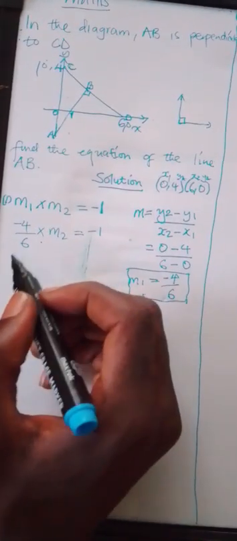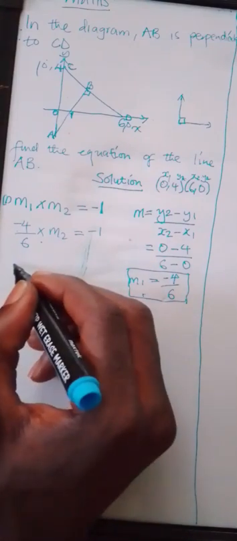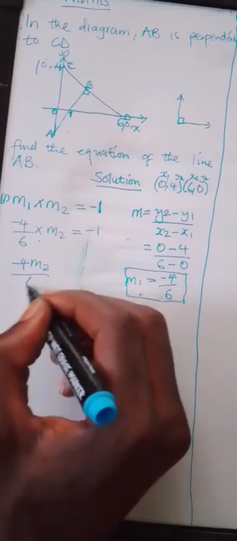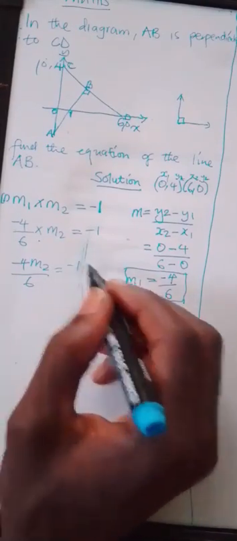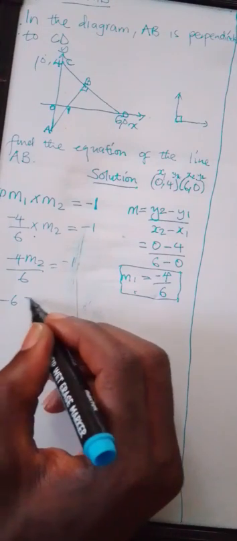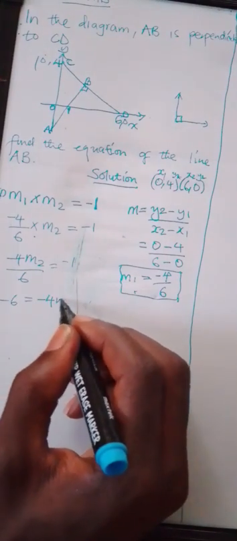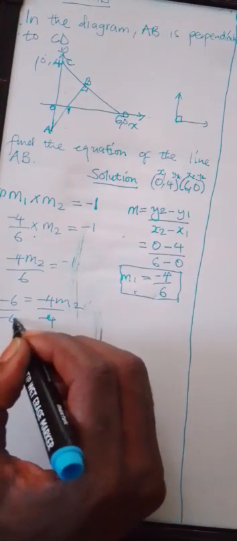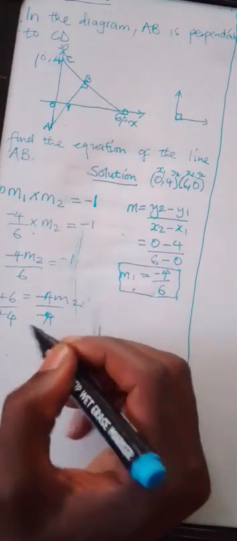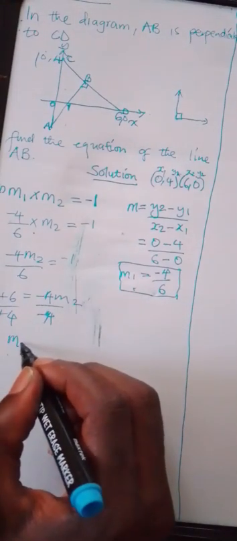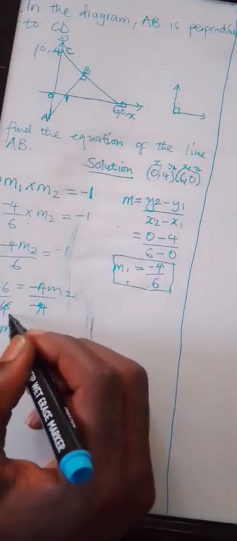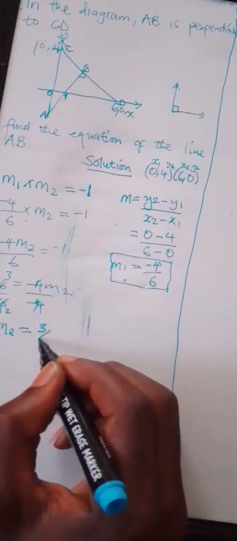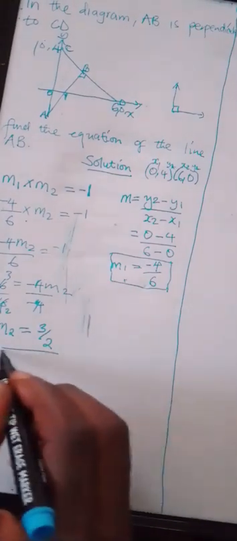Multiplying the top, we have -4 m2 over 6 equals -1. Then cross multiply, you have -6 is equal to -4 m2. Then you divide by -4, and you get m2 is equal to 3 over 2.